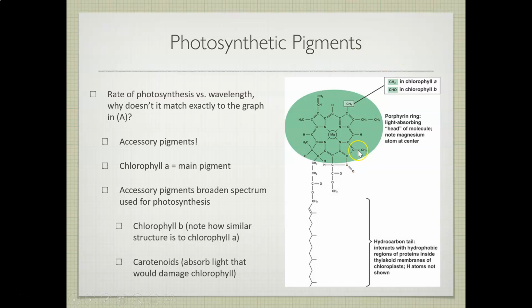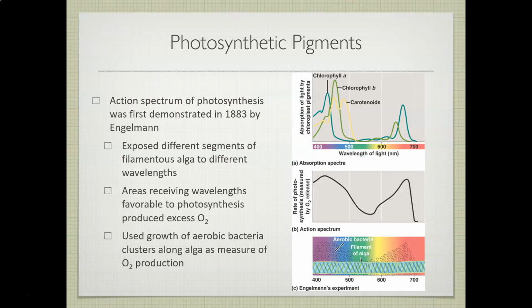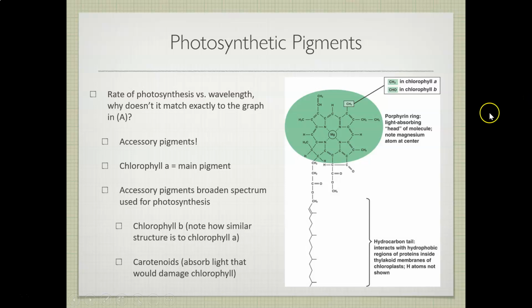So here's what chlorophyll looks like. All right, the only difference between the A and the B form, interestingly enough, is that the A has a CH3 here, chlorophyll B has a CHO. Crazy how just that little bit of structural difference means some difference here in terms of what they are capable of absorbing, which tells you that that particular functional group there does mean something.